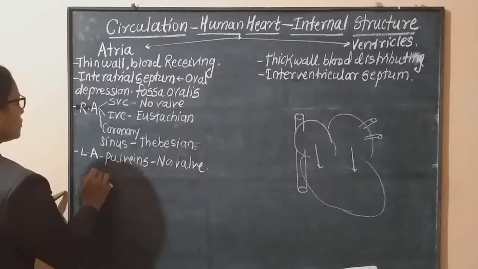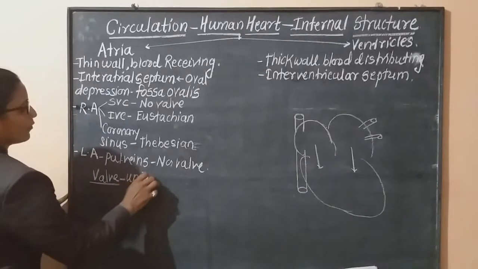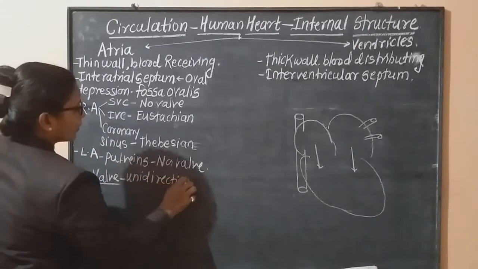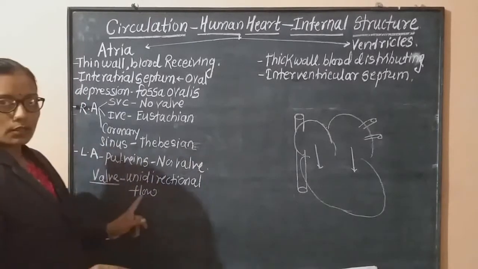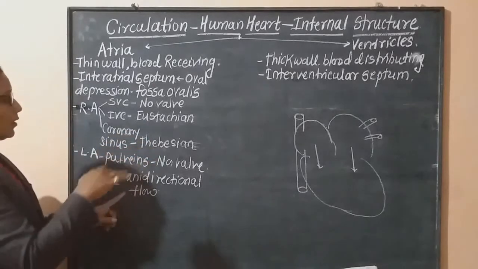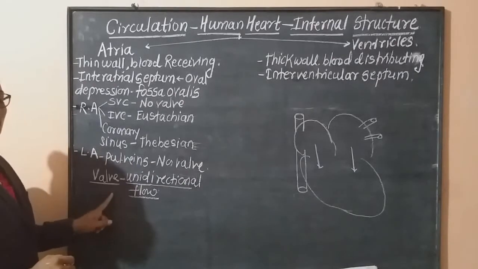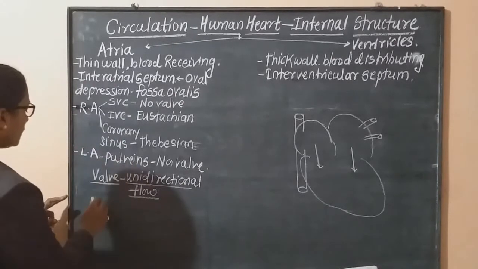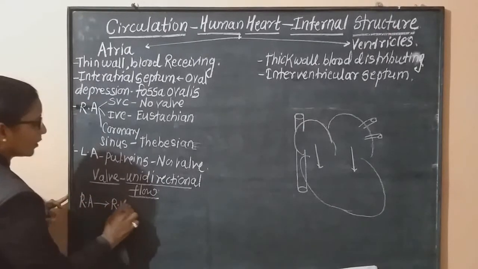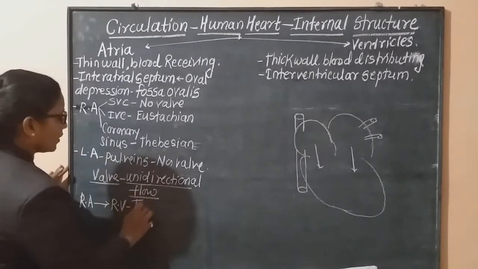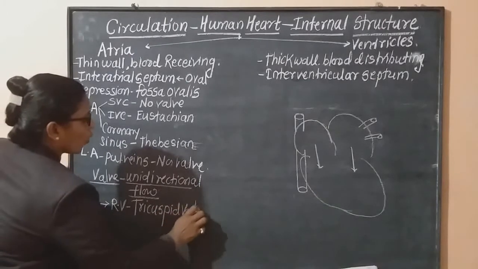Now these valves have the main function of providing unidirectional flow of the blood. Once the blood goes in the respective way, it is directed in a particular direction. This is the function of the valve. Most importantly, the right atrium opens into the right ventricle, and this opening is provided with the tricuspid valve.